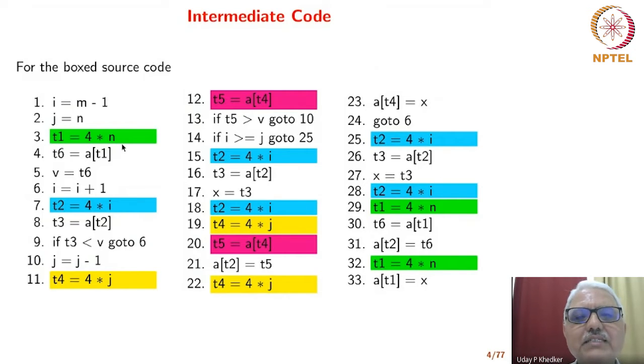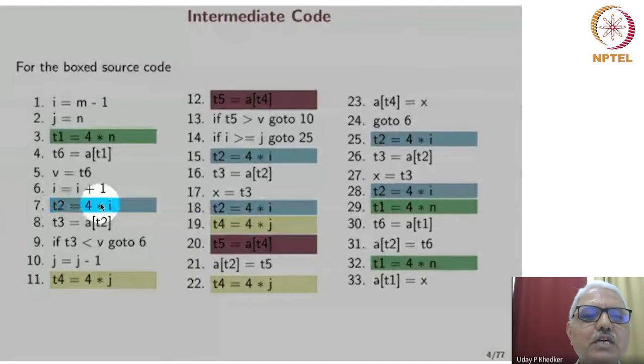As you can see, there are certain colors on the screen. And if you observe it very closely, you will see that these colors essentially represent the same expression. So this light blue color shows the expression 4 * i being computed in temporary t2. Here also t2 = 4 * i.